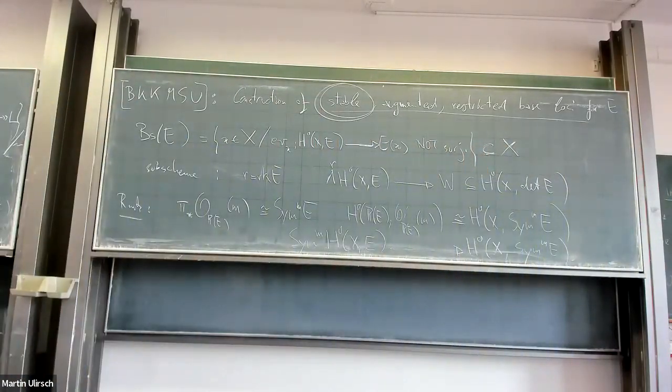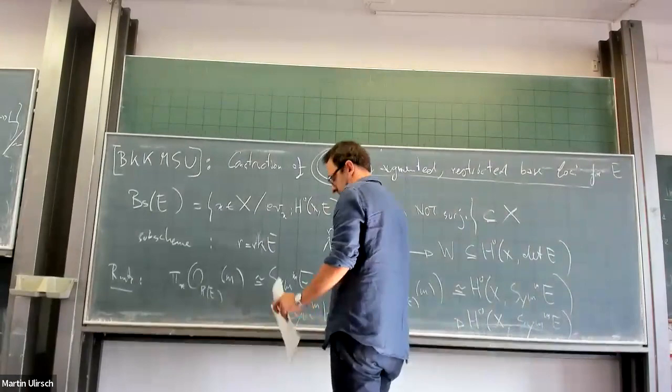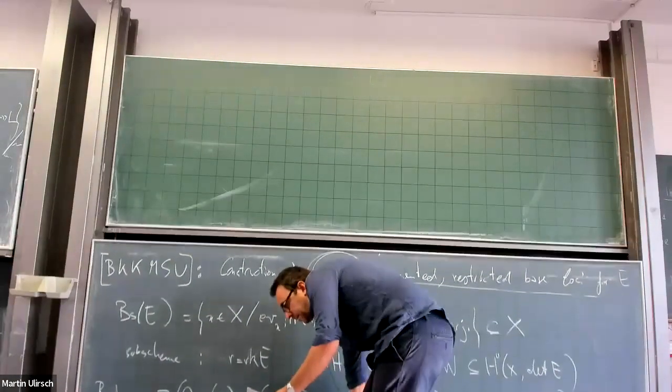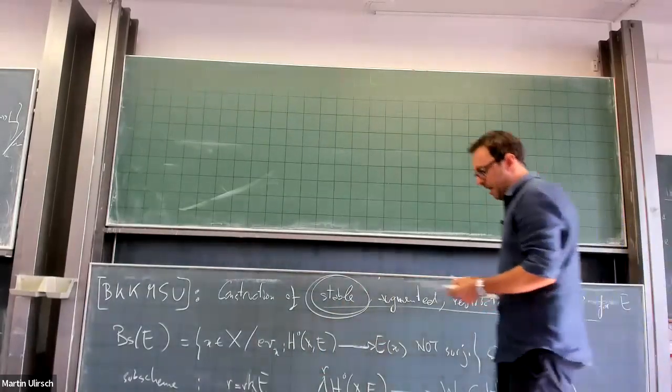Okay, and then we can define, according to this construction, the stable base locus as the intersection of the base loci of all these vector bundles.